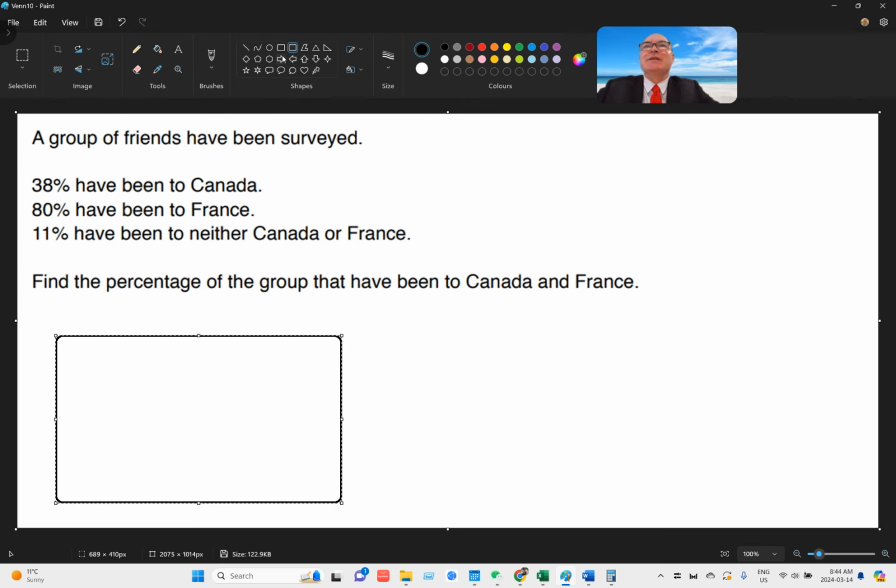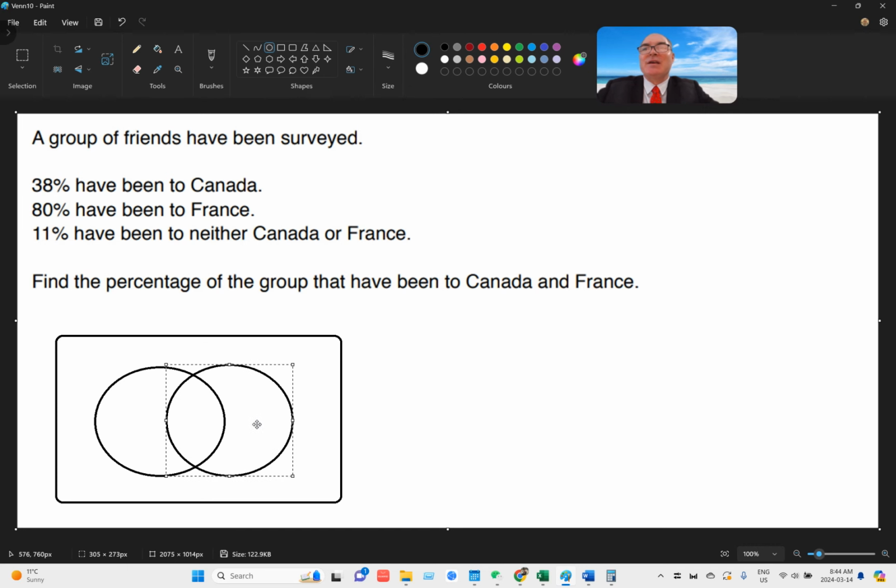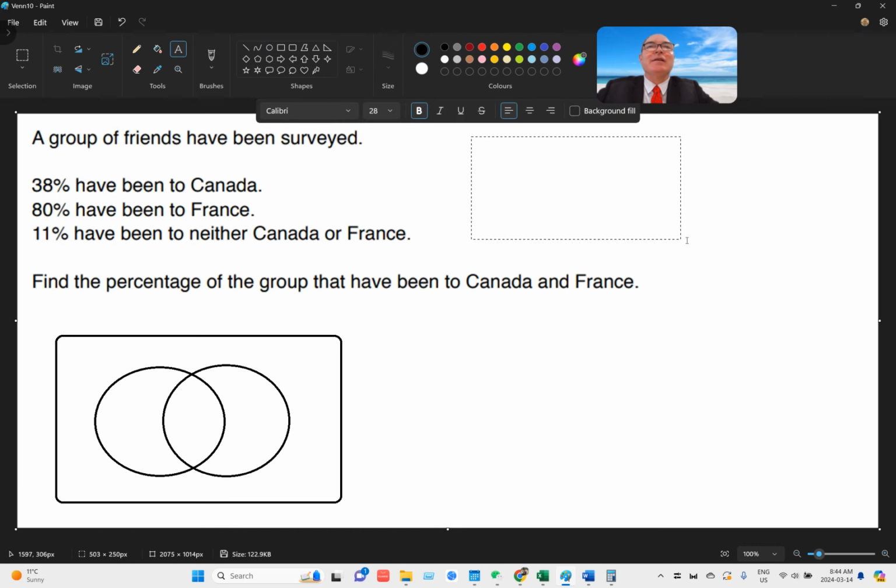What I'm going to do is start with my sets in here. Here's a circle for have been to Canada. And here's a circle for those who have been to France. I'm just going to slide that over here and start labeling some things. I don't know how many are in my universal group, so I'll use a capital T for the total number of people.